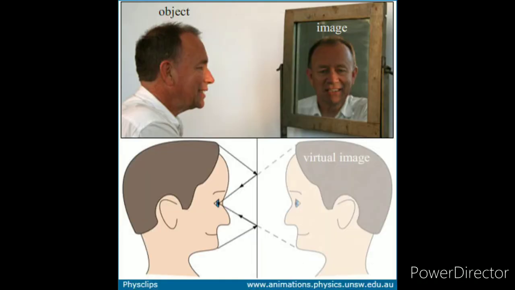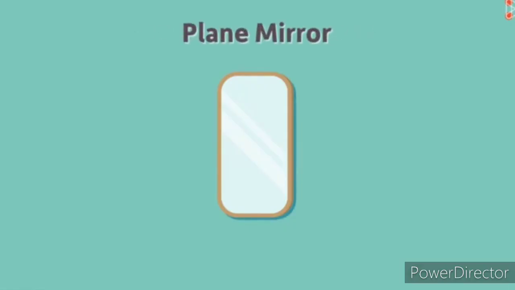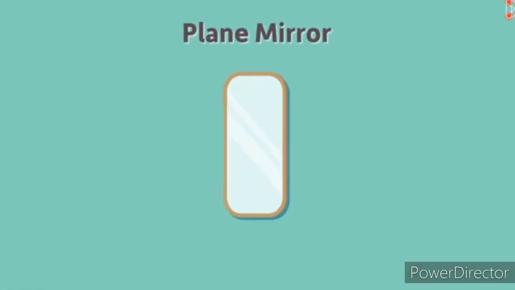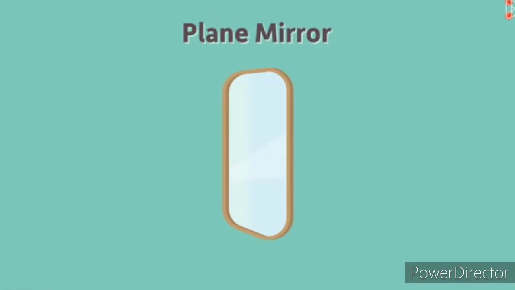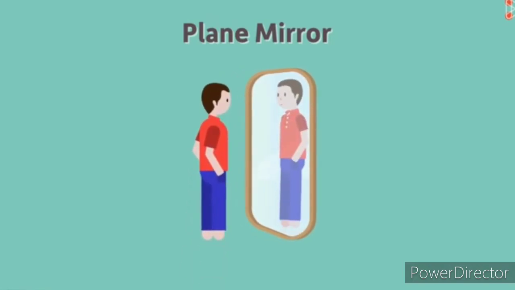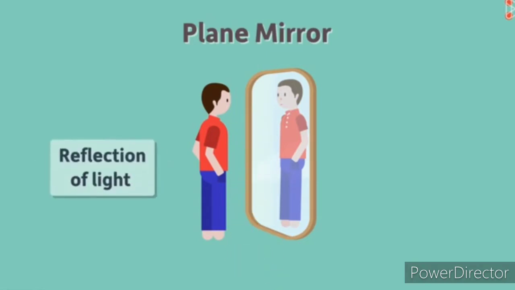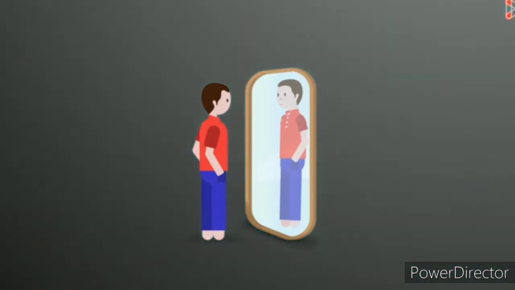Consider this plane mirror. When we stand in front of a mirror, we see an image of ourselves in the mirror. Nothing surprising there. But the question is, why are we able to see our image? Yes, it's due to the reflection of light. In fact, it is due to multiple reflections of light rays.